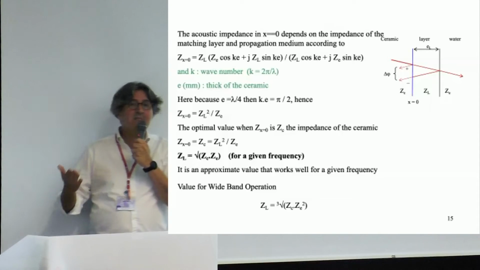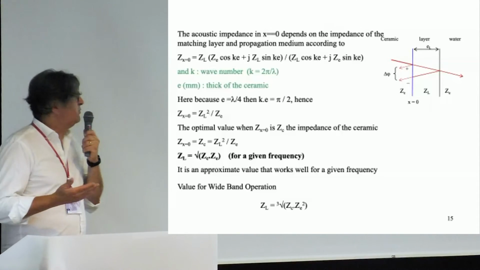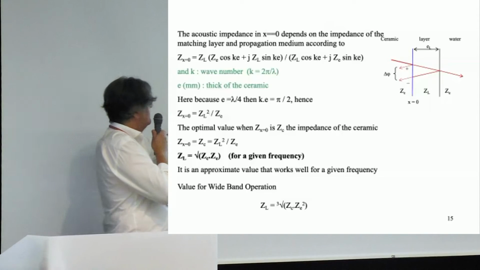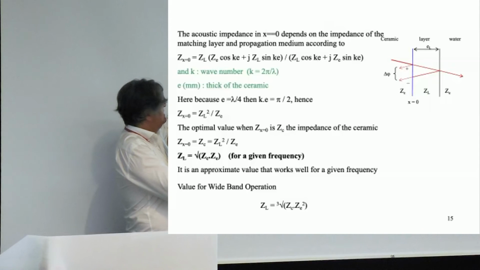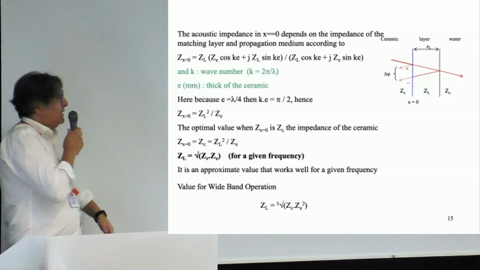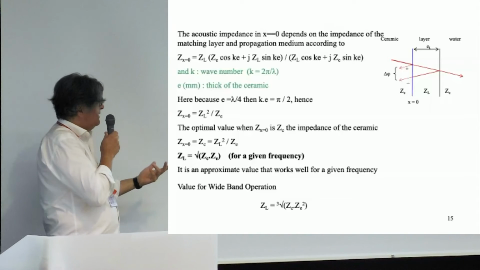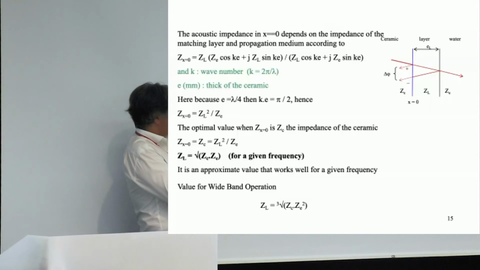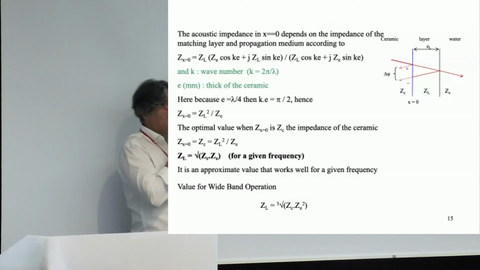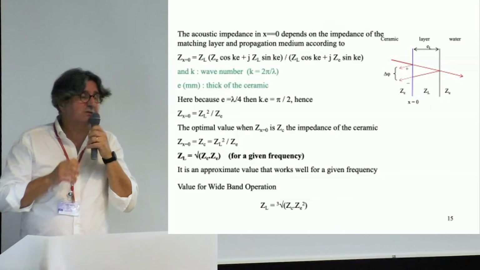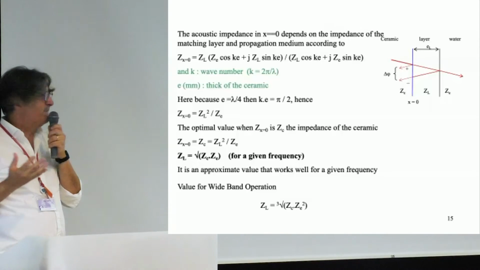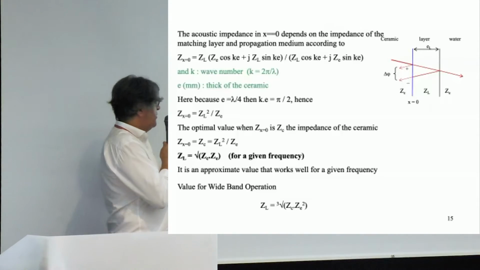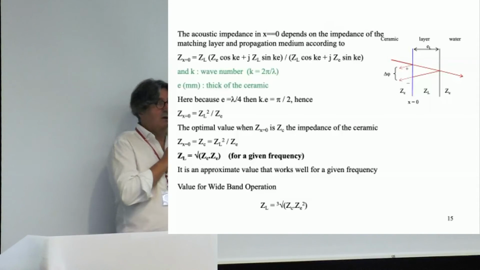We want an optimal value, where the effective impedance of the ceramic at x equal to 0 is equal to that of the ceramic. So we can write the formula as ZC equals ZL squared divided by ZE. And so we can deduce the acoustic impedance of the matching layer as the square root of the product ZE, ZC. It's very simple.